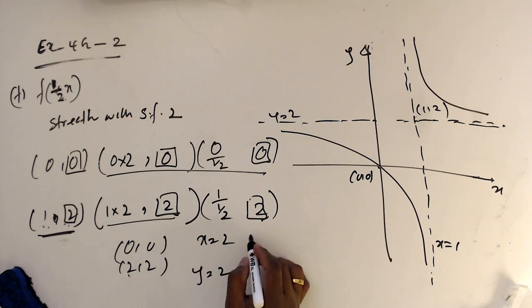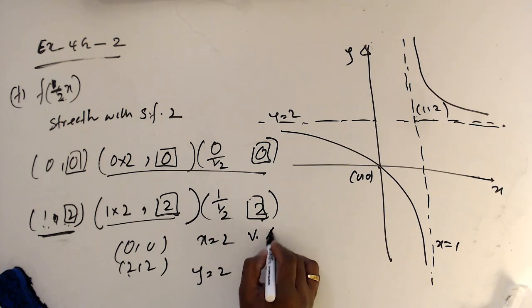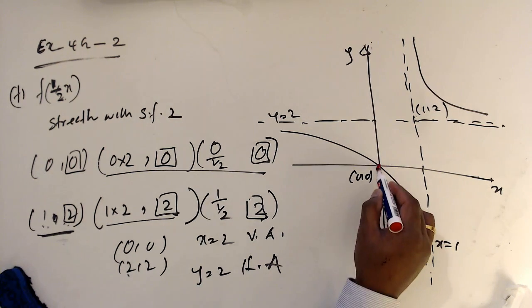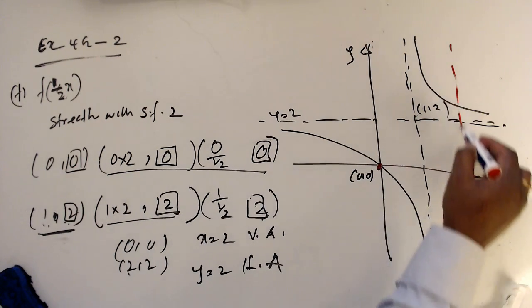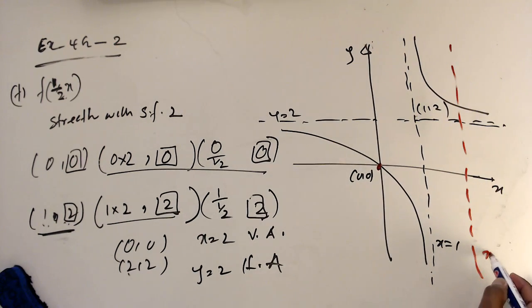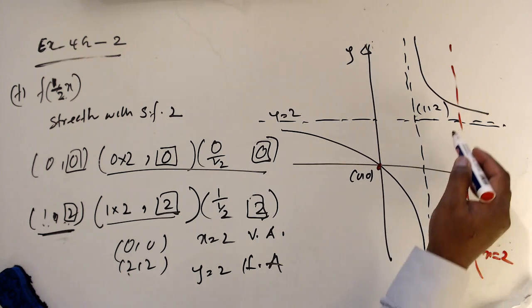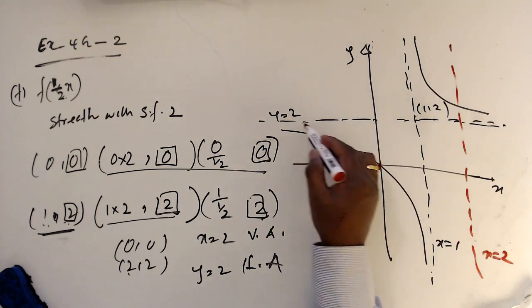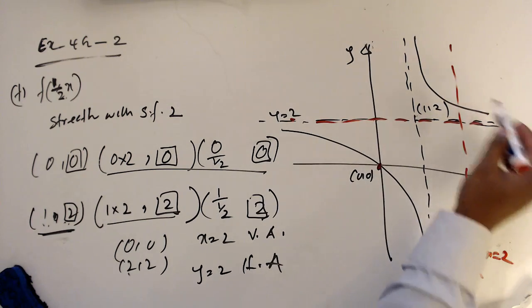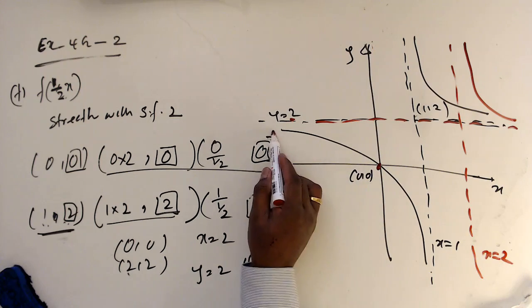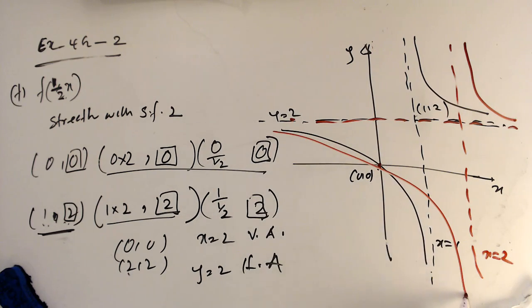X equal 2 is the vertical asymptote and y equal 2 is the horizontal asymptote. 0, 0 going to be as it is. Now this is the new asymptote, and this is the existing asymptote. So this is going to be something like this, and this is going to be something like this.